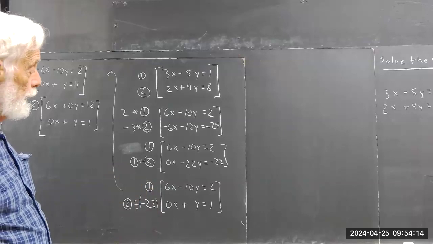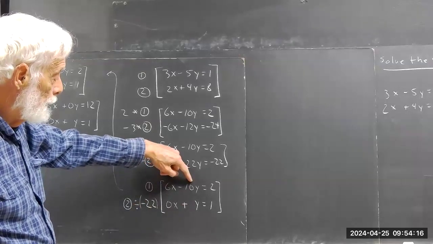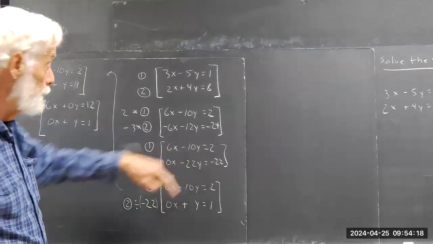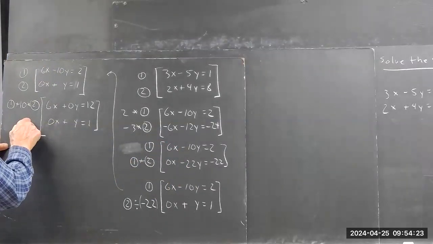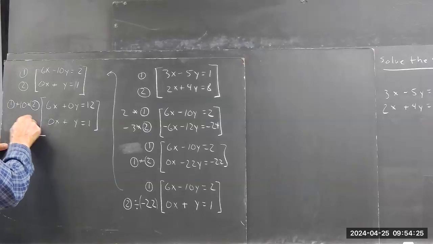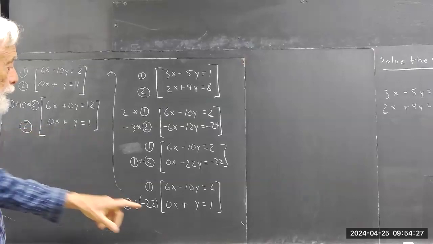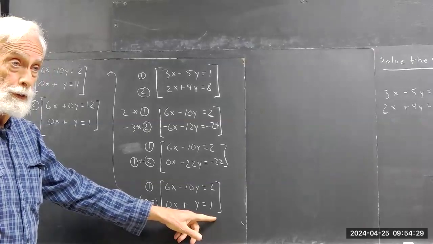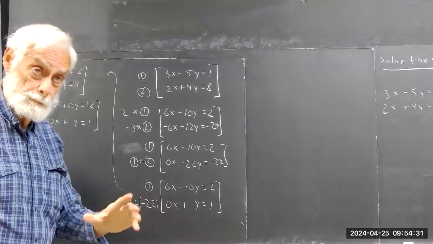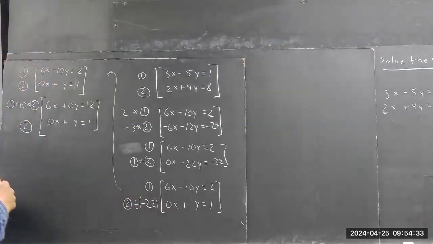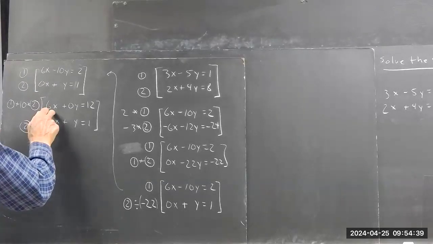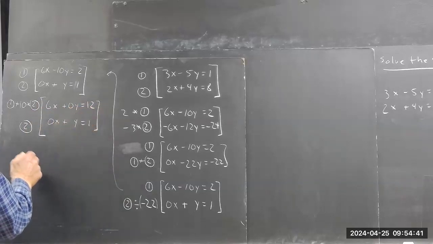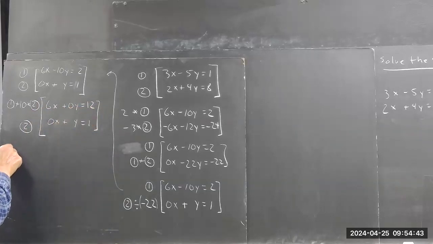Now we want to find x. So it would be good if we could eliminate y from this equation, and we just did. And we don't change row 2. Once we have row 2 in this form, we keep it that way. All right. Okay, now next thing we do is want to find x. Well, that's going to be pretty easy.